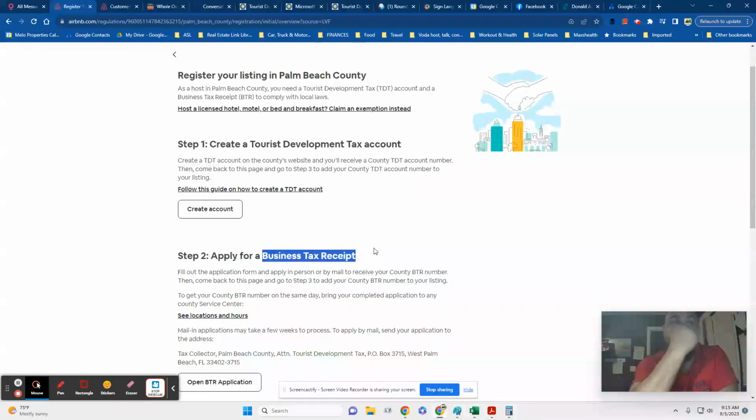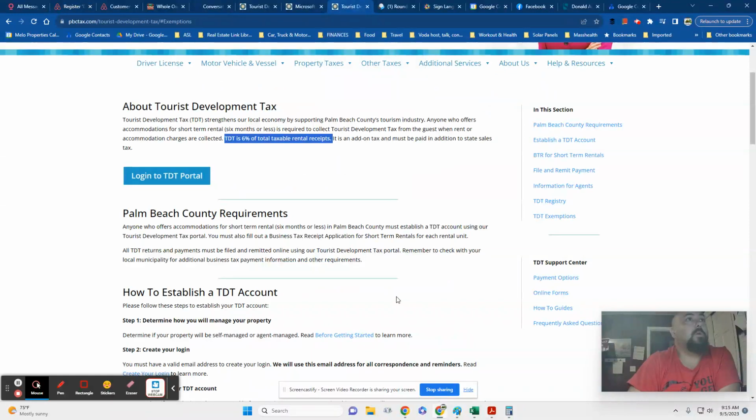I've got no problem doing this stuff. I'm just trying to figure out what it is, how it works, what the cost is. Is it worth it or not? So I went ahead and went to the tax department's webpage for Palm Beach, and it looks like this TDT, tourist development tax, is 6% of the taxable rental receipt.